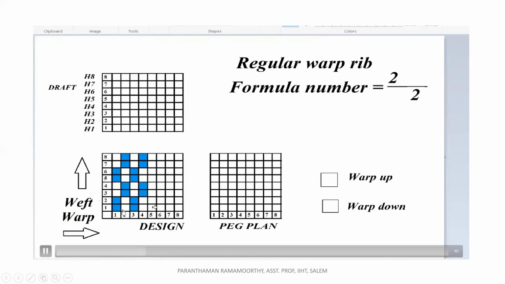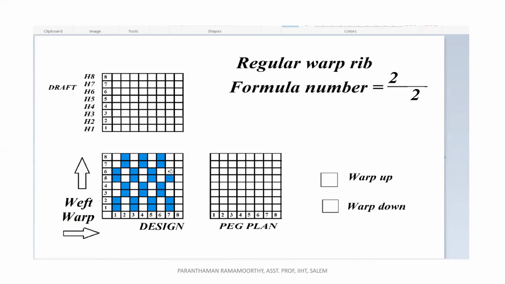So here 2 ends with 4 picks is enough to draw the design. Further are repeating units. So the design part is over now.